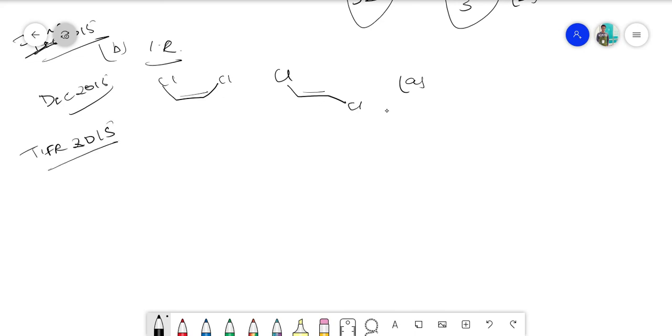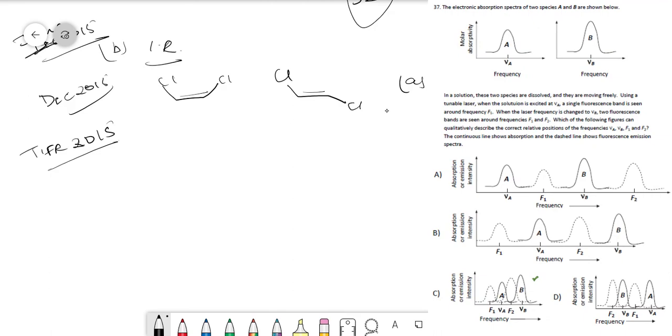2015. And the question says, the electronic absorption spectra of two species A and B are given. In a solution, these two species are dissolved freely. Using a tunable laser, when the solution is excited at mu A, you get a peak around F1. When it is excited at mu B, you get F1 and F2.